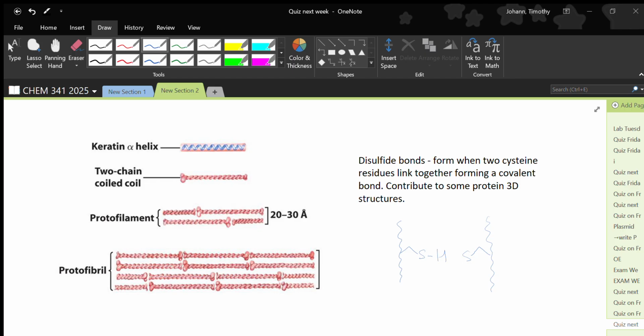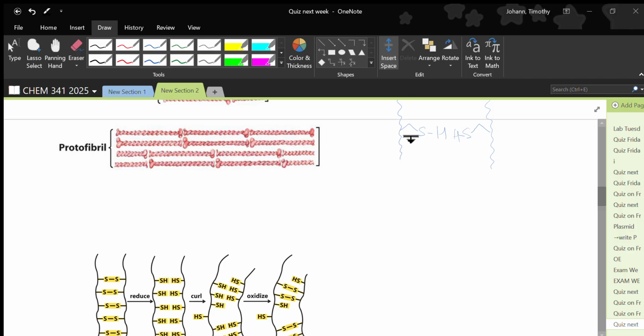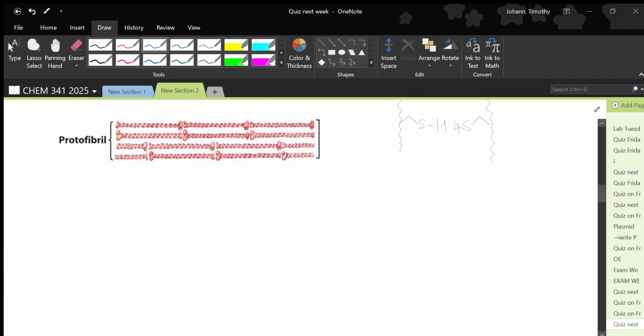You need a lot of London forces to make something very stable. So we might have something like this, that's our cysteine beforehand, and then afterwards we would have this. Now these two peptide chains, or two parts of the same peptide, would be brought together and linked together with a covalent bond.